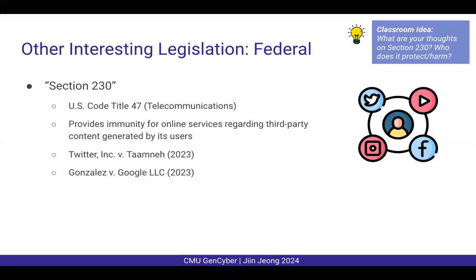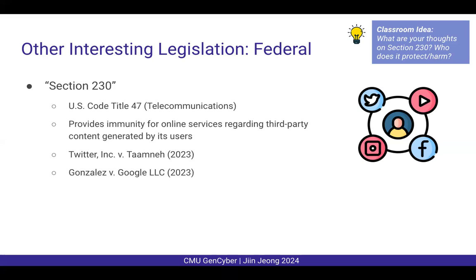Moving on to some other interesting federal legislation that you'll often hear about, one is called Section 230, and it is part of the US Code Title 47, Telecommunications, and basically it provides immunity for online services regarding third-party content generated by its users. So it's often being used by social media companies, and the question is whether they should take responsibility for what their users post online.